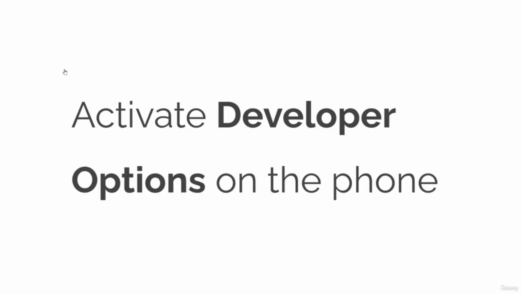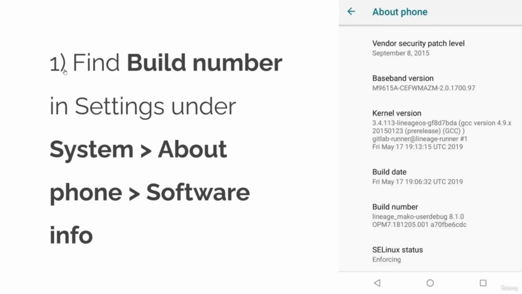First, activate developer options on your phone. To do this, go to your phone and find the build number. This is located under settings in your settings application, under system, and then about, and under the category software info.